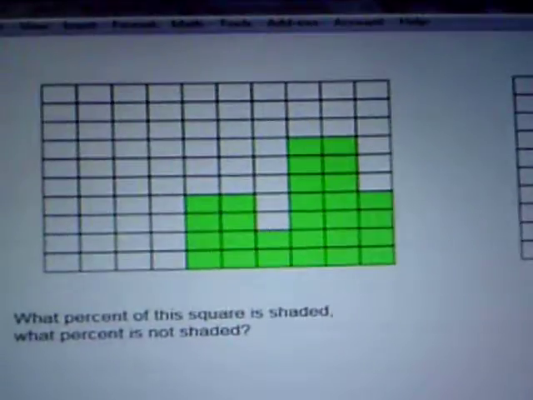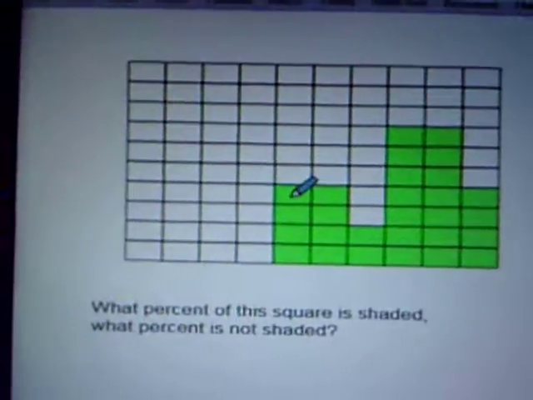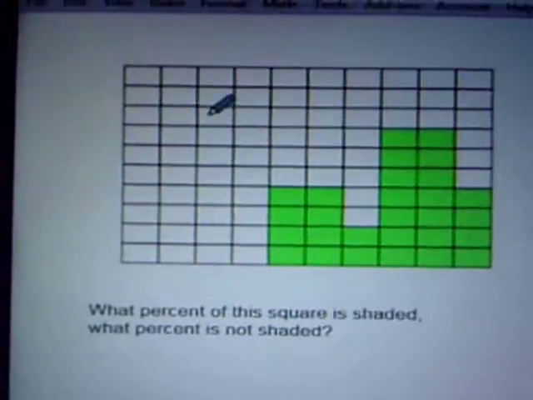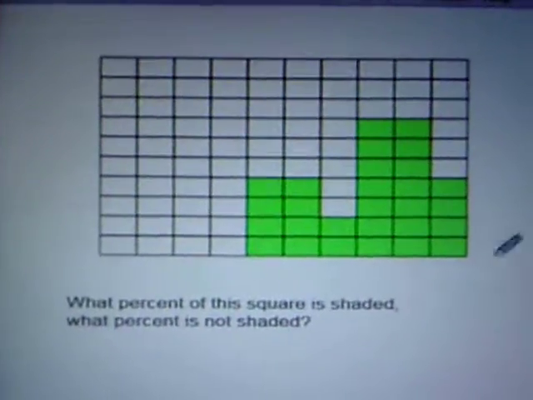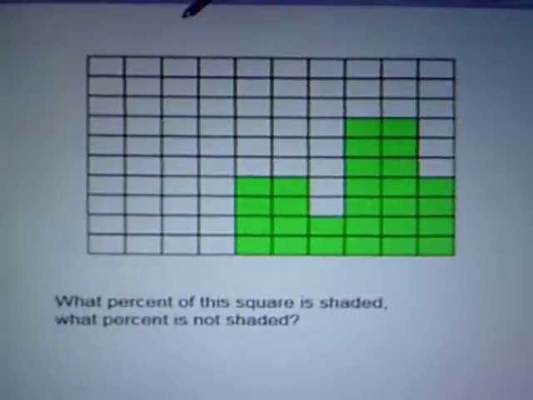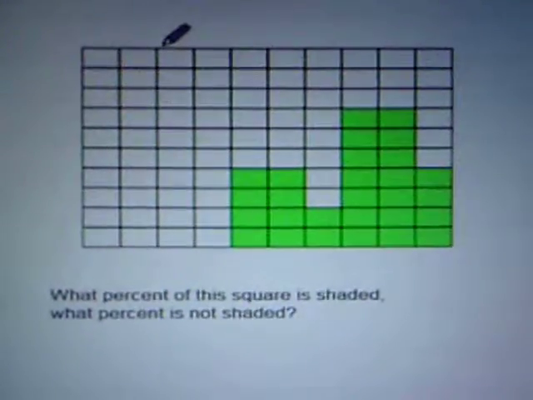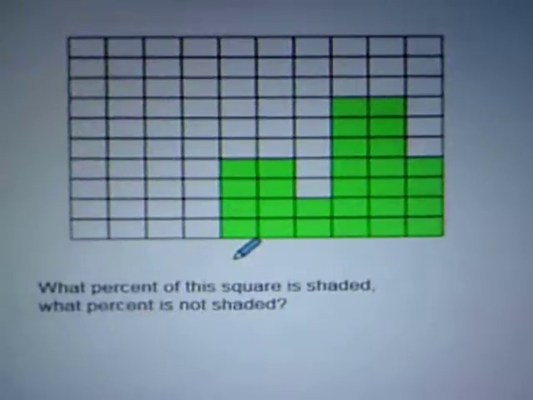So whenever we look at percents, it's always a good practice to look at both parts, the part that is shaded and the rest of it. Okay? As the students should know, and a lot of students have this prior knowledge from using cell phones and seeing their battery, 100% means a full unit or a full thing, a full square in this example.